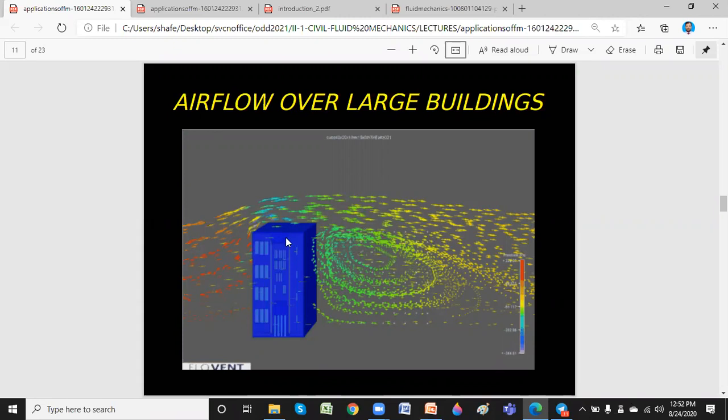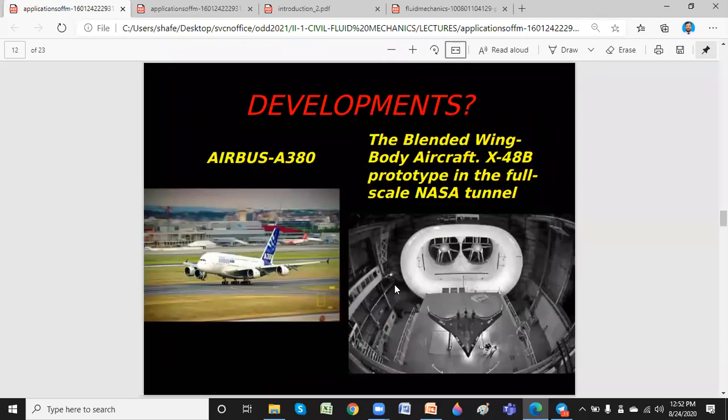If you are building in a place with very high airflow, then obviously there is danger, unless you have a proper foundation, and the number of floors you are building also plays a very important role. Now this is one more, like Airbus, etc. All these things are your examples.